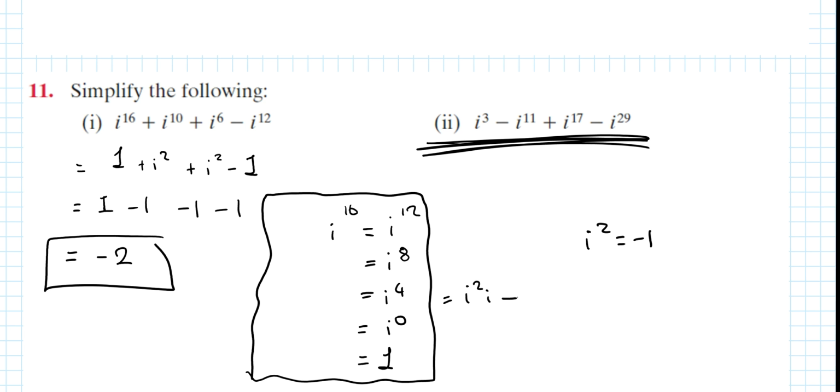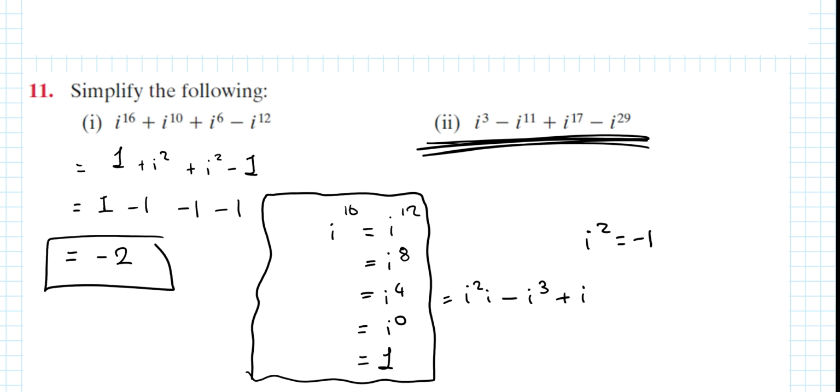Here, subtract 4 would be 7, subtract 4 would be 3, so I could put it as i to the power of 3. Subtract 4 would be 13, subtract 4 would be 9, subtract 4 would be 5, and subtract 4 would be 1.